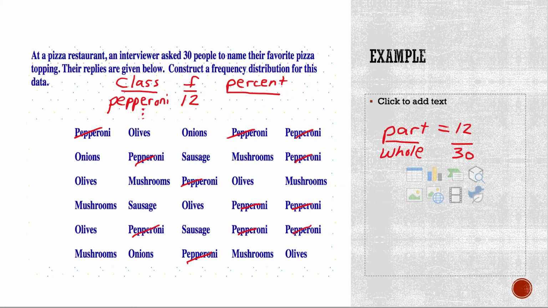So 12 divided by 30 is going to give me 0.4, which then I'm going to convert to a percent. So I've got 40%. All right, so that is a quick review on categorical. You'd want to do the same thing for all of the pizza toppings and make a chart.